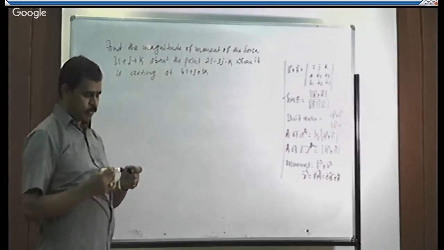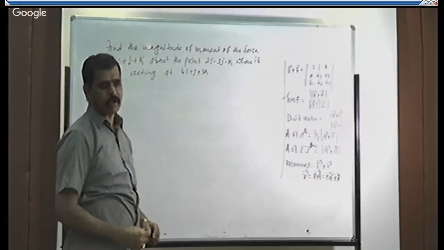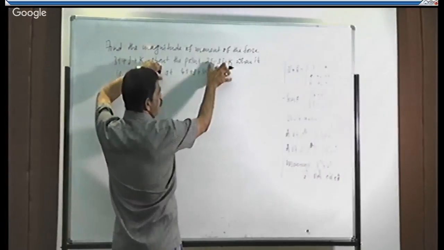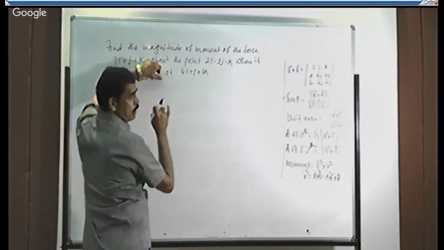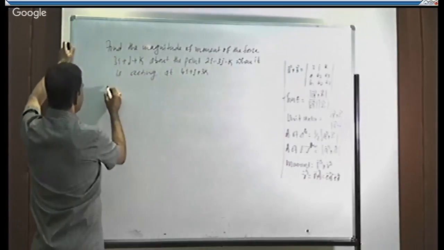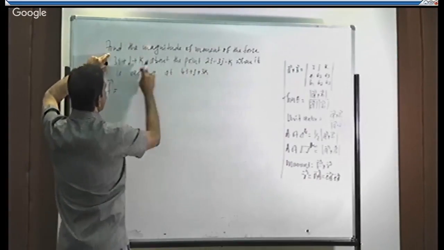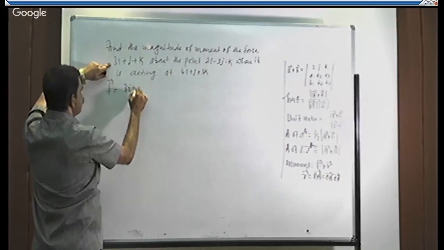Instead of giving points, sometimes they will give their position vectors. In the last problem, they gave the point. Here they have mentioned the point's position vector. So what is force? Force is 3i plus j plus k.